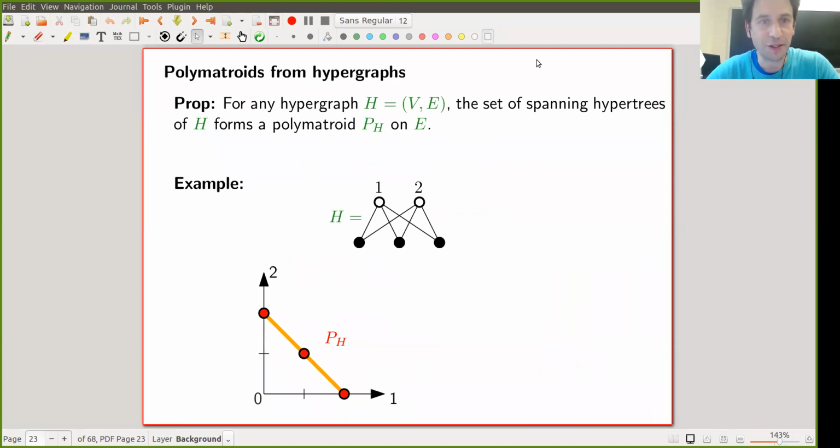So that motivates this notion. It motivates the proposition that if you have a hypergraph H, the set of spanning hypertrees form a polymatroid. In this example, it's just in dimension 2 because I have only 2 hyperedges, so my polymatroid is just of dimension 2. It's a very simple thing.